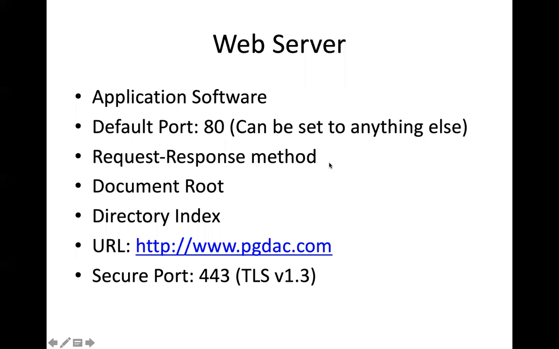Will it search across the entire laptop, or is there any other method? Yes, there is another method, which is a document root. Any application server has a document root defined. The document root is a place where you can put all your web pages so that they are accessible through your web server.